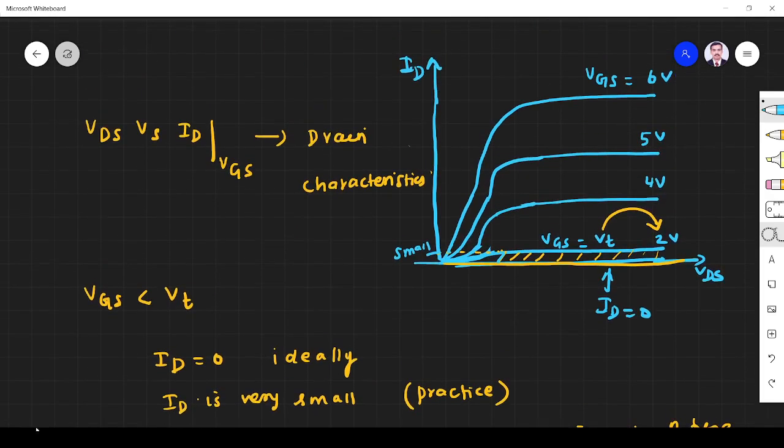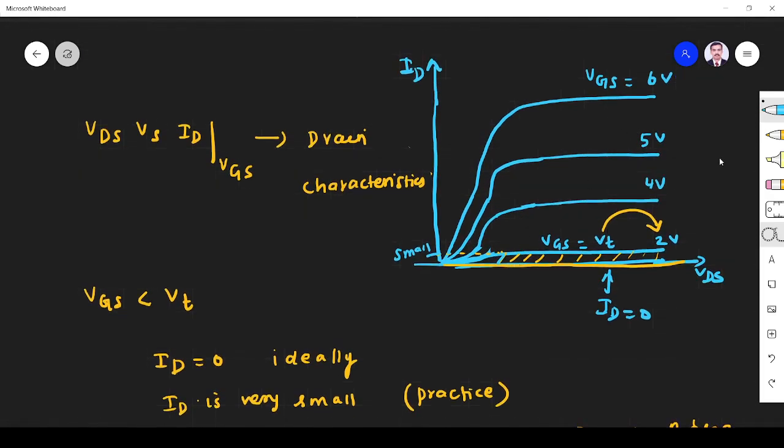Now when you increase VDS, ID increases. Initially it is 0, and when VDS is increased, ID also increases. At one point they become constant. That point is known as VDS saturation, where it becomes saturated at this point, and at this point, and at this point. What is the reason?